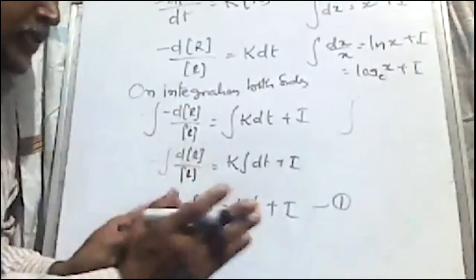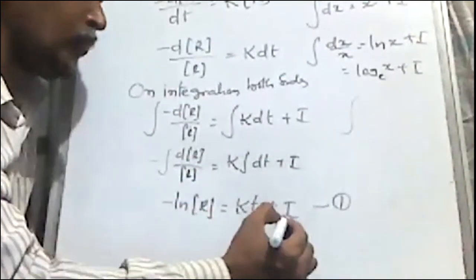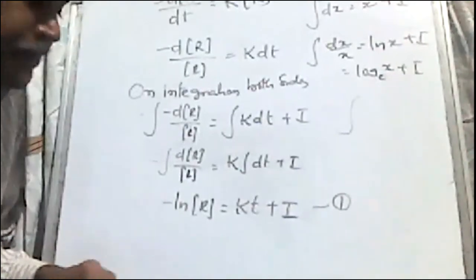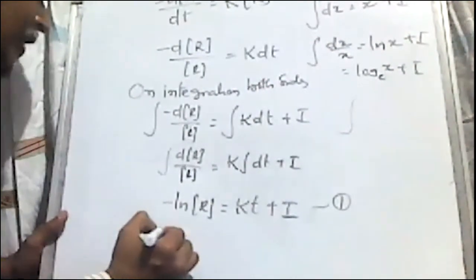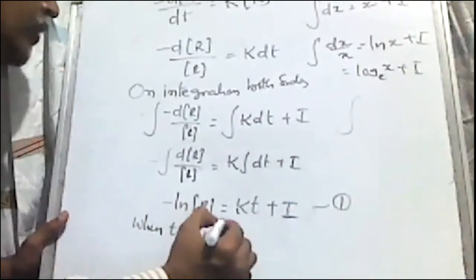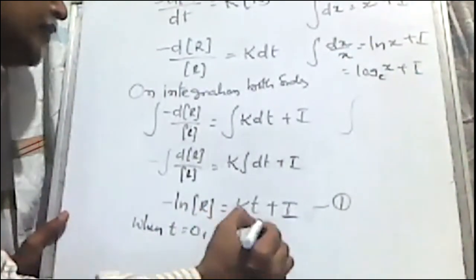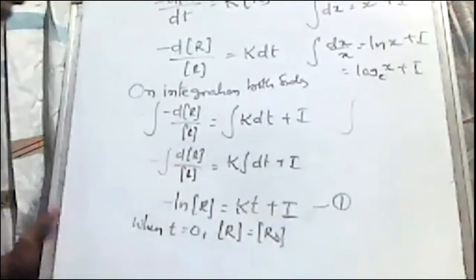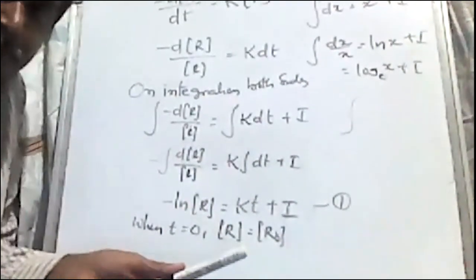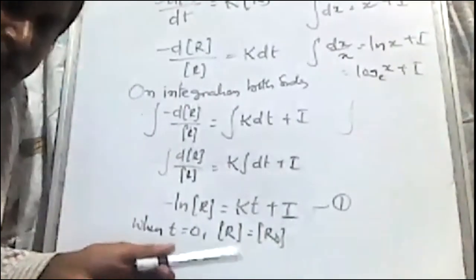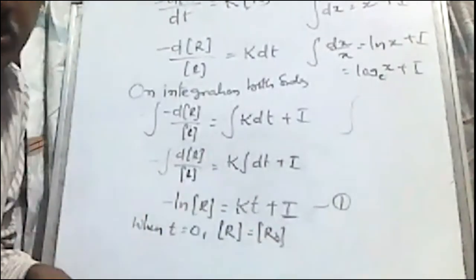In order to complete this equation, we need to find the value of I. How to get I? When t is equal to 0, R becomes R naught, because when the reaction has not yet started, the concentration of reactants is the initial concentration.